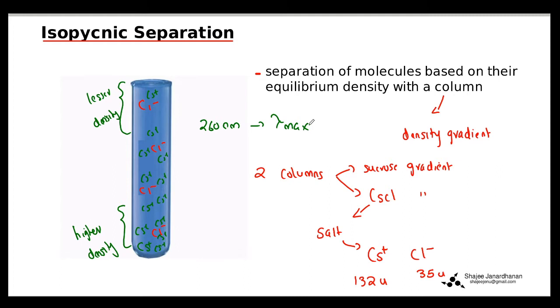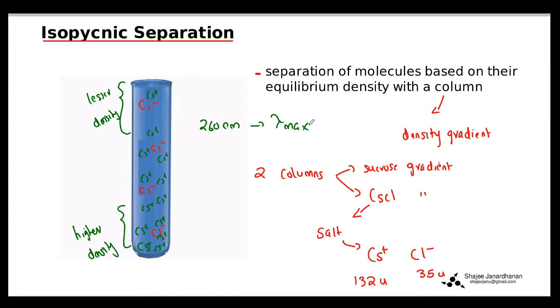UV light naturally has a purple color, whereas where the nucleic acid is located in the tube, the nucleic acid will absorb that UV light. So only in the location where the DNA is located will you find a dark band, whereas all other regions will be purple-blue. So you add the DNA sample to this test tube and shine UV light at 260 nanometer.